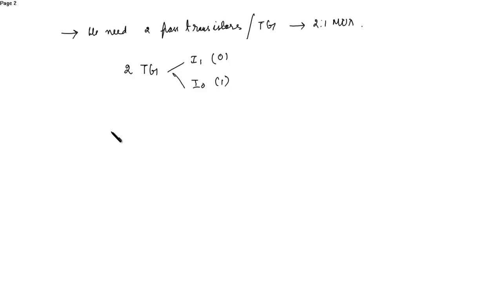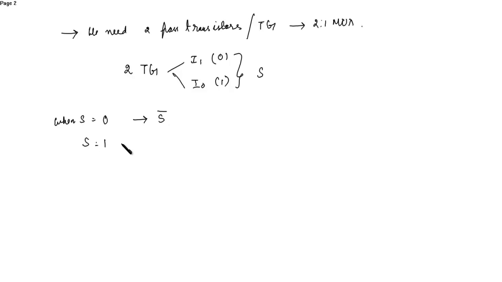So this 0 and 1 is a select line. Once it is 0, once it is 1. When S is equal to 0, that means it is S bar.